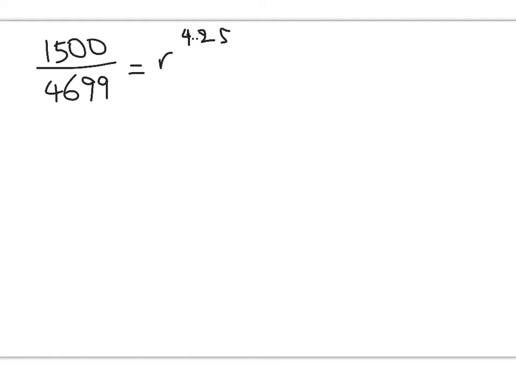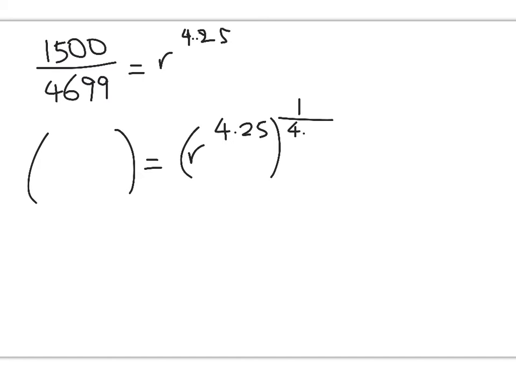There we are. We want to put both sides to the power of 1 over 4.25. Okay, so that's what we're going to do to the left-hand side and to the right-hand side. There we go. It's like when you have a cube, you take the cube root. Here we have something to the power of 4.25, so we do the 4.25th root, if you can think about it in that silly way.